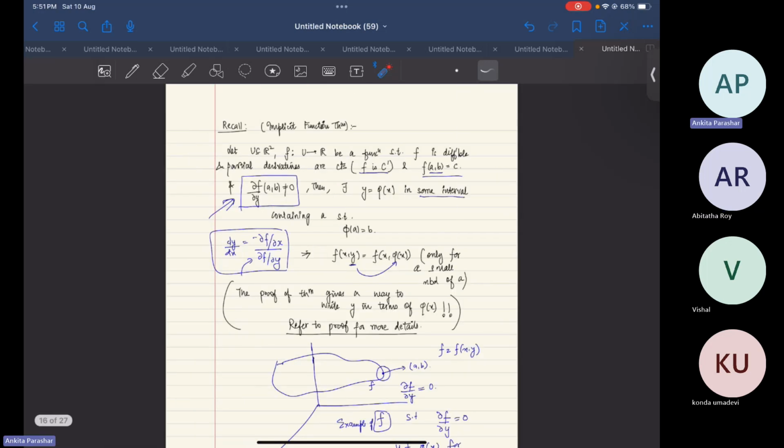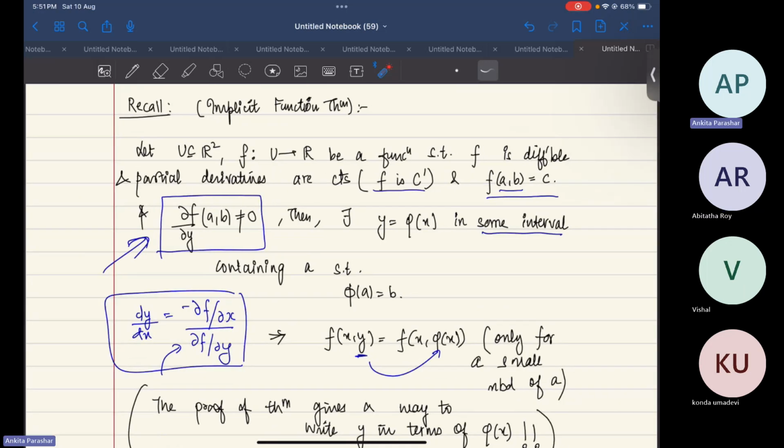Okay, let's go back to the statement which is important for us. First of all, this function has to be differentiable. Then only you can talk about its derivative. Partial derivatives should exist because this is how we define the derivative of a function of more than one variable. Now, the partial derivative can be zero or non-zero.